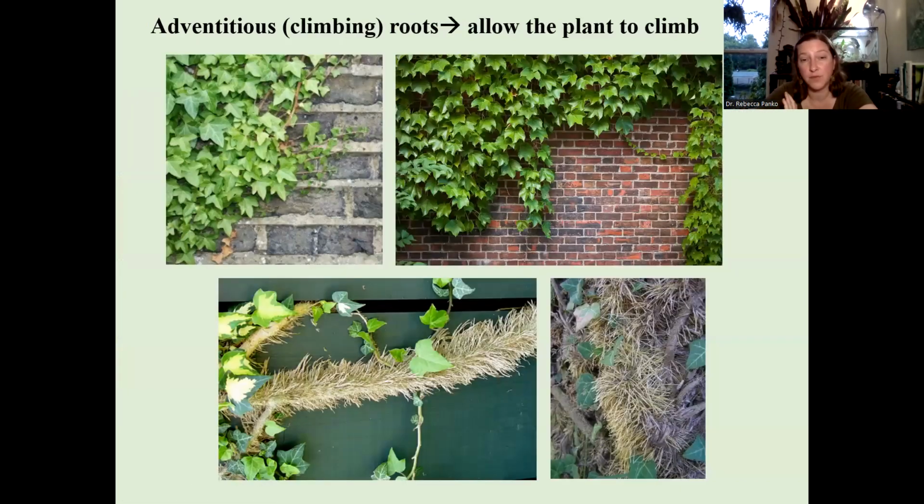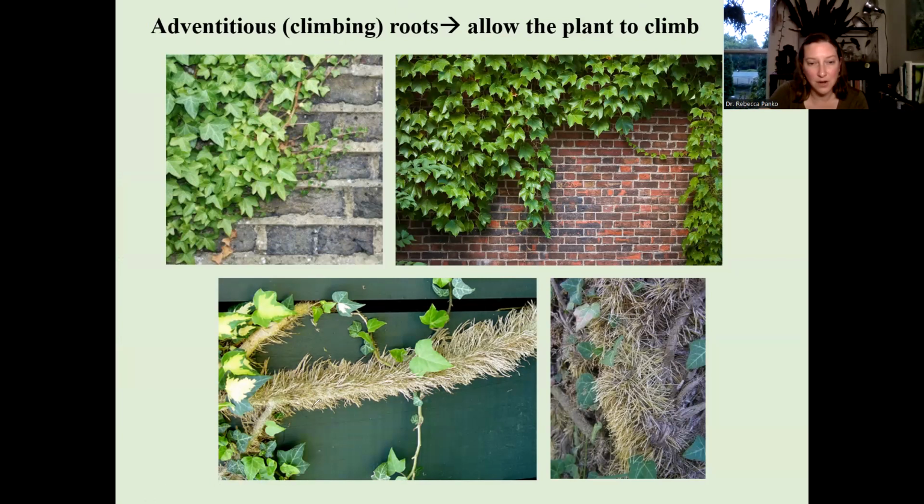Other times, if the roots come off the stem, it could be helping the plant to climb. So for example, ivy, the light went off, ivy growing off of sides of brick buildings, they're able to do that because of adventitious roots.